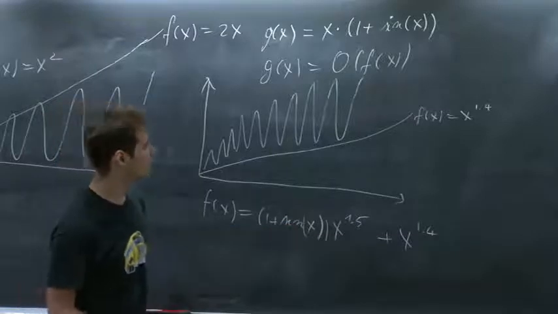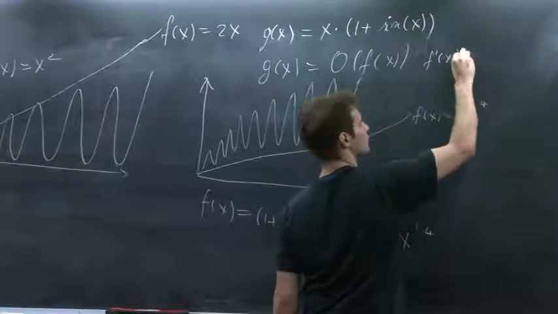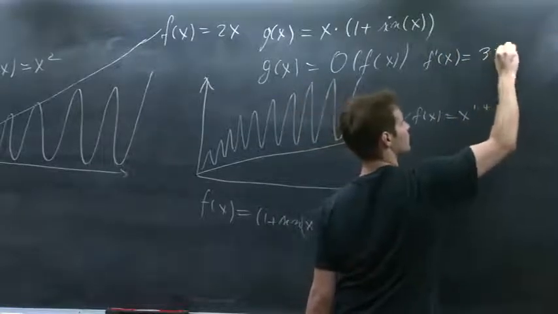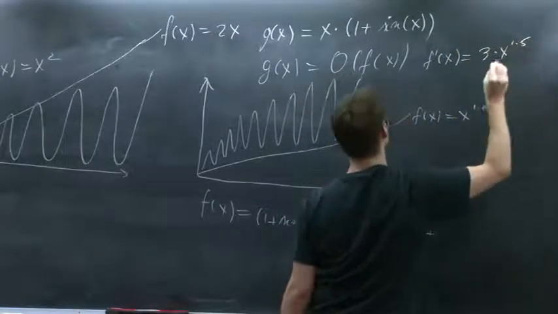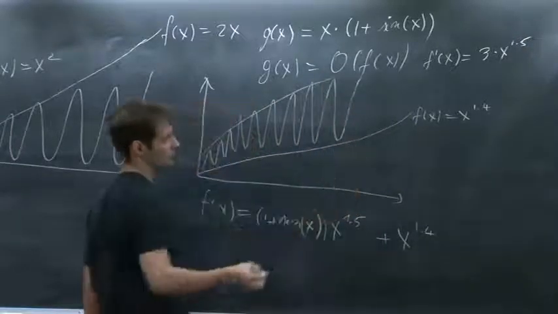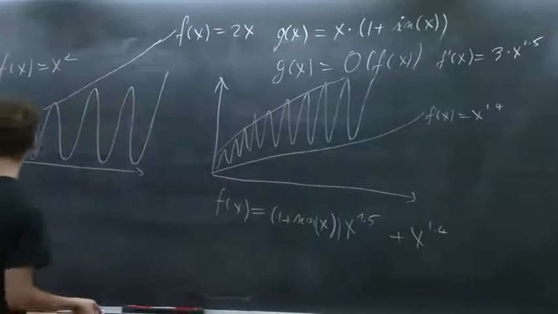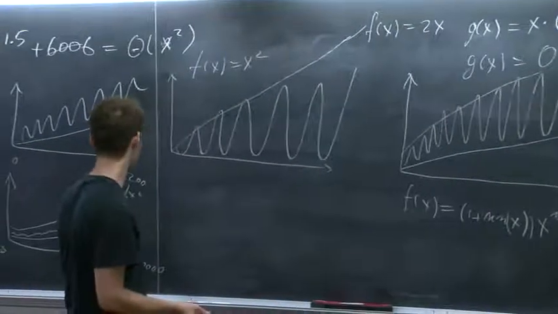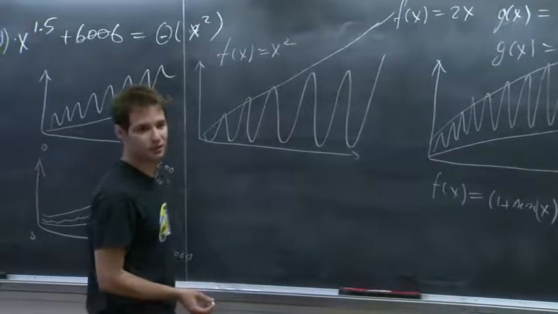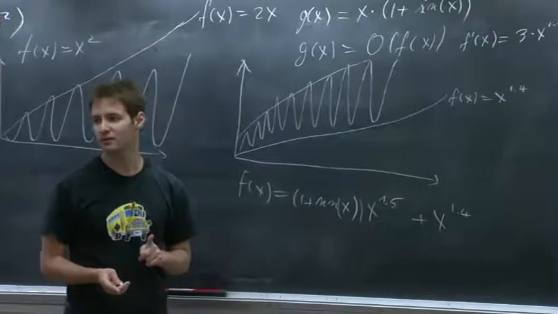So if I have another function that says f prime of x equals, say, 3 times x to the power of 1.5, I know that it's going to bound it from above. So I have two bounds. So it sort of looks like this case. Except when I use theta, I have to make sure that the bounds are very similar.